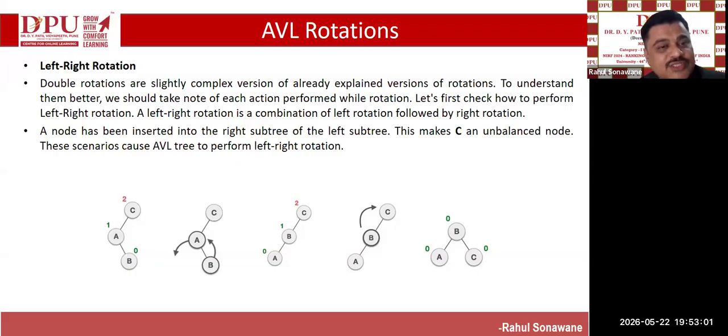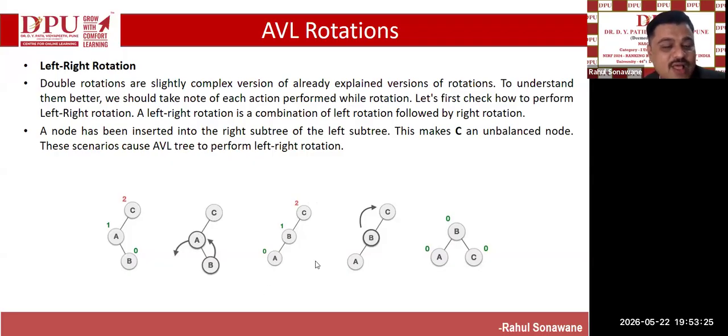Now which double rotation do we have to perform over here? That double rotation is LR rotation, left right rotation. First of all, we have to perform the left rotation first. It means the tree will be rotated towards the left. So B will become the parent and A will become the child. So again, you are getting this kind of pattern, that is a left skew tree.